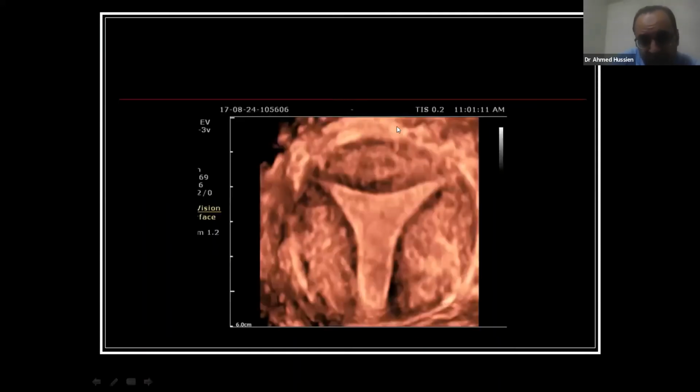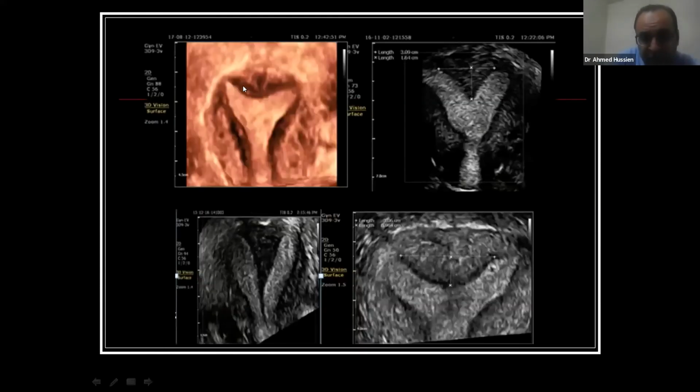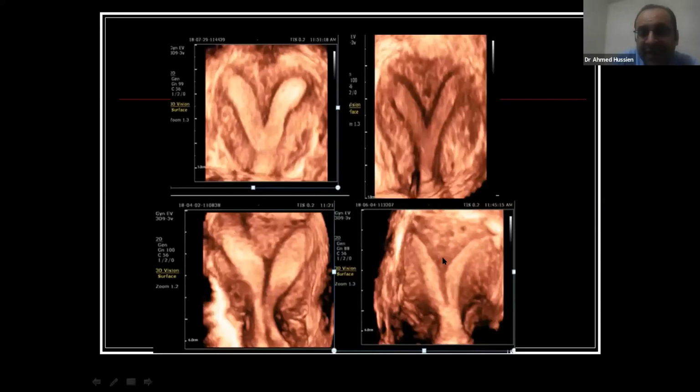Because it allows you to visualize the external and internal contour and the shape of the cavity at the same time. And if you find internal indentation, you should measure it and the angle and the thickness of the myometrium above it to diagnose the type of Mullerian anomalies. This is arcuate uterus, subseptate uterus, septate uterus, and different shapes of uterine septum, different length and width.